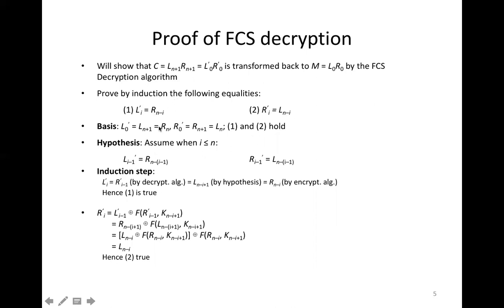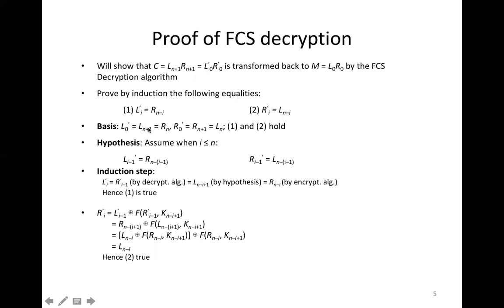So for the basis, we're going to let i be 0. So that's L0 prime. So we know L0 prime is L sub n plus 1. So that's how we rename L sub n plus 1. We rename it to L0 prime. But we also know that L sub n plus 1 is equal to Rn. Right?